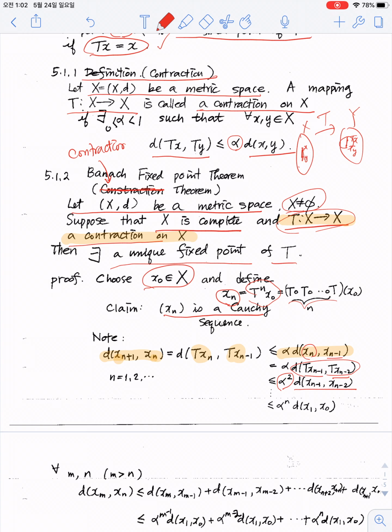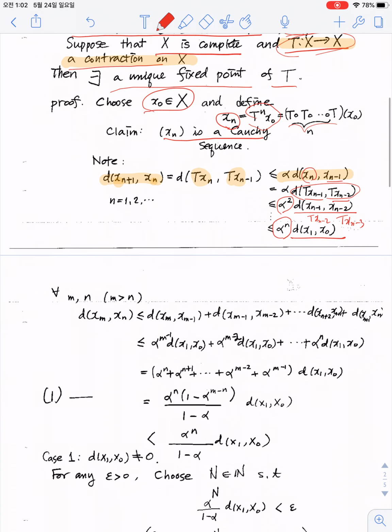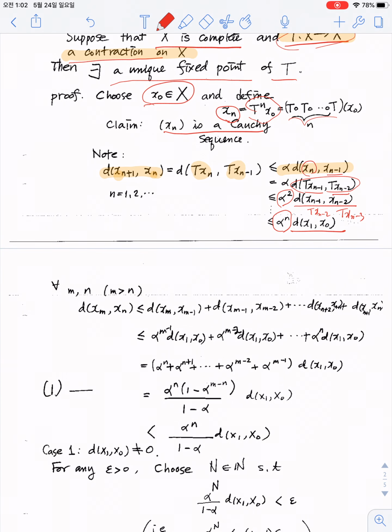Using this, this is Txn-2, this is Txn-3, and then you apply the contraction map again, you end up getting alpha to the n times d(x1, x0).